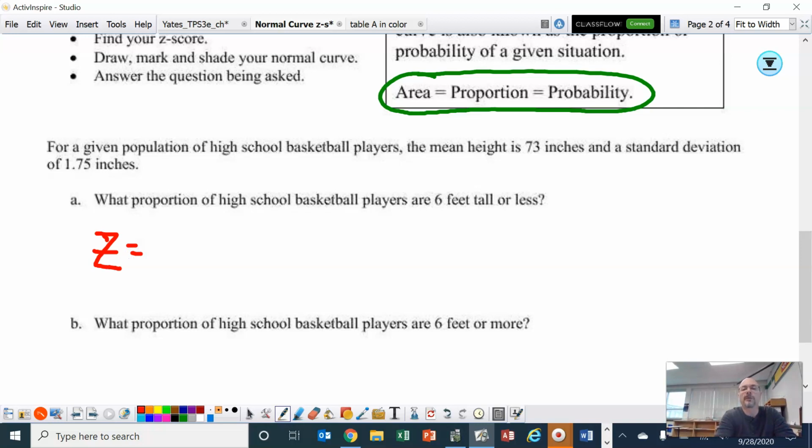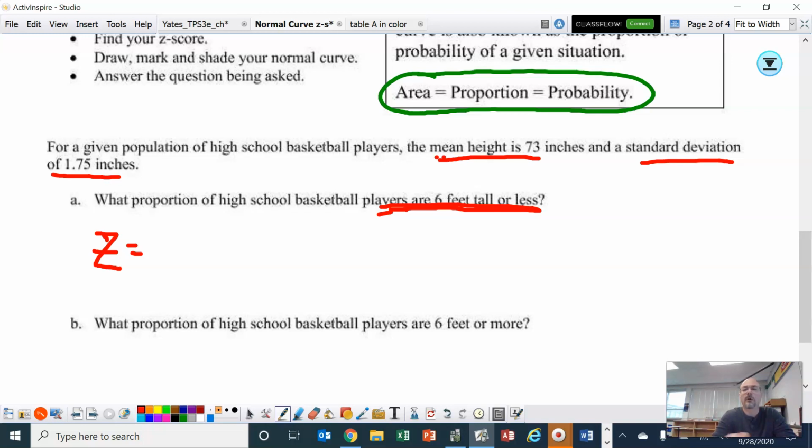For a given population of high school basketball players, the mean height is 73 inches and the standard deviation is 1.75. What proportion of high school basketball players are 6 feet tall or less? Well, first let's convert 6 feet into inches, because the rest of the problem is given as inches.